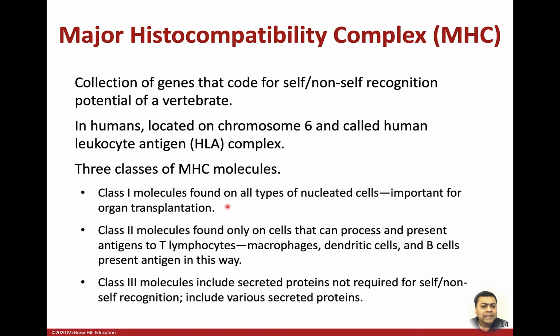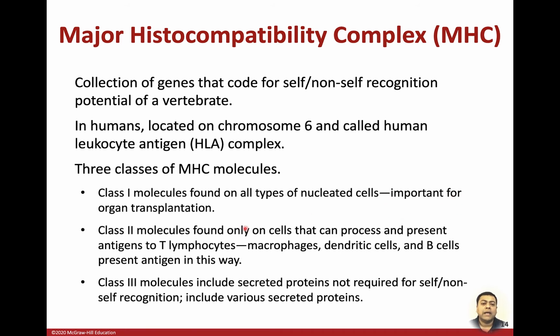What do we mean by that tissue match? Between the donor and the patient, these class 1 MHC molecules, ABC types, should match very closely. If they do not match, your immune cells will attack that transplant and reject it as foreign. And this is why it is important for organ transplantation.